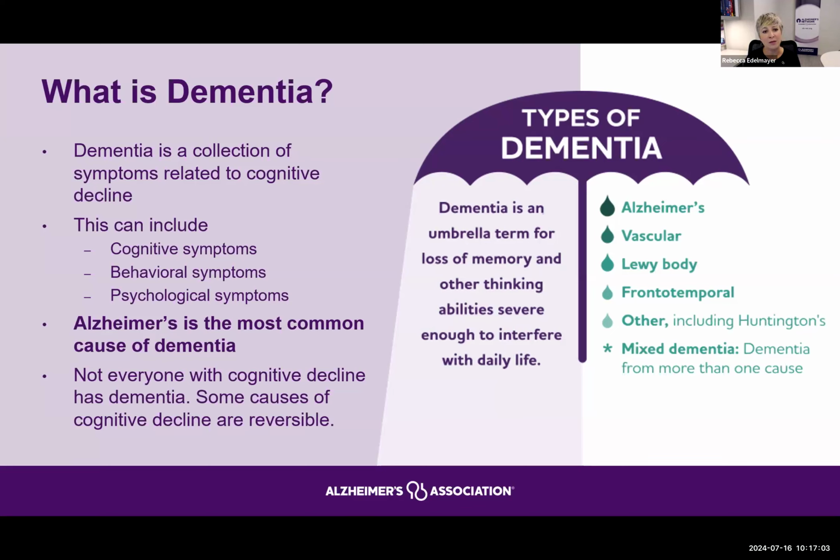That means some changes could be reversible. There could be reasons like sleep disturbances, side effects from medications, metabolic disorders, or other types of toxicities causing cognitive decline. It's really important to understand the biological underpinnings of what's driving those changes.